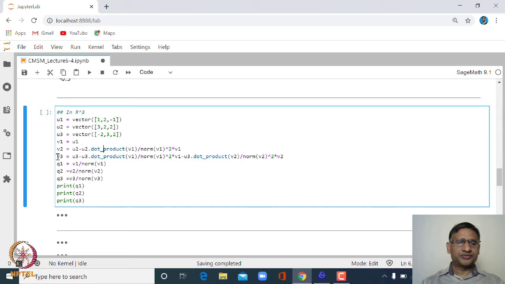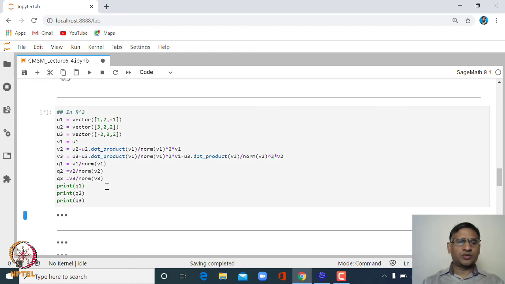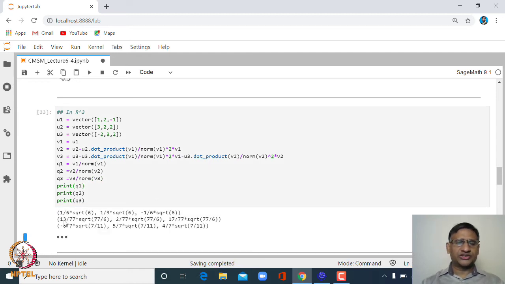To define v3, from u3 you subtract the orthogonal projection of u3 onto v1 and also subtract the orthogonal projection of u3 onto v2. Then define q1 to be v1 upon norm v1, q2 to be v2 upon norm v2 and q3 to be v3 upon norm v3. You can check that these 3 vectors are orthogonal to each other and of unit length.